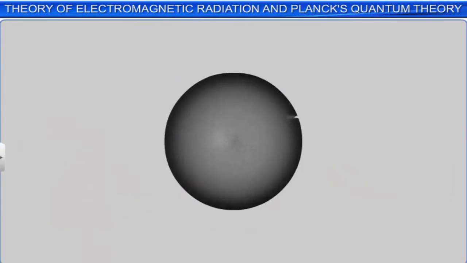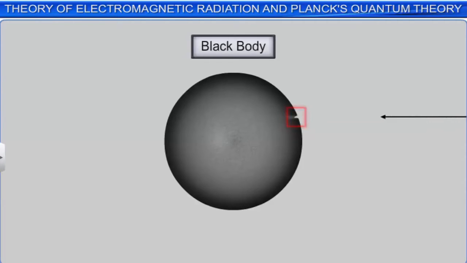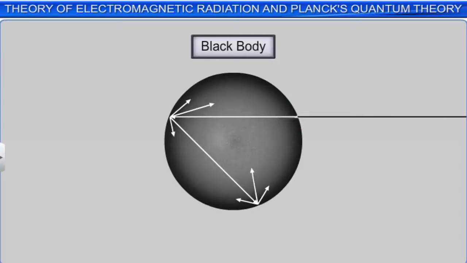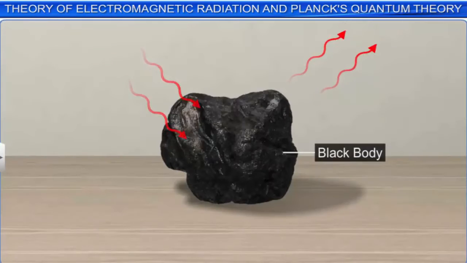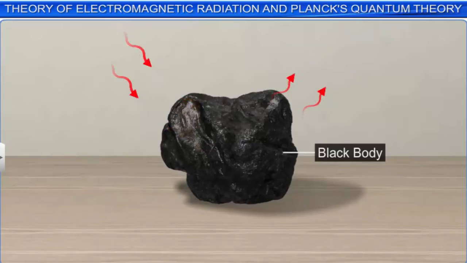A blackened metallic surface or a hollow sphere blackened inside with a small opening behaves almost as a black body. Any radiation that enters this small opening gets reflected multiple times within the sphere until all the energy is absorbed. Thus, a black body is not only a perfect absorber of radiant energy, but also a perfect radiator.